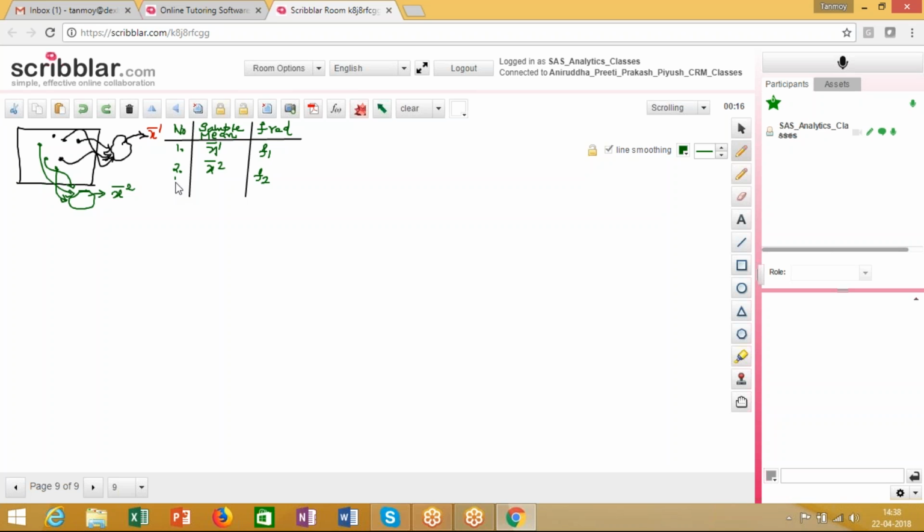So like this there are multiple, and there is k. So over here what we have is the respective sample means and their respective frequency distributions, right?